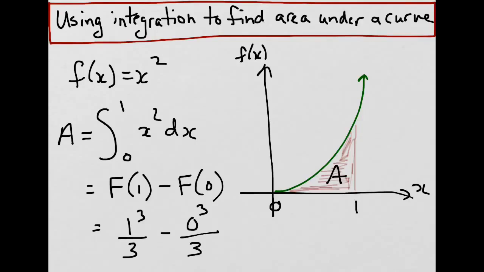And what we end up with is 1 cubed, which is 1, divided by 3, which is equal to 1/3, minus 0. So the area under the curve of x squared from 0 to 1 is 1/3, whatever the units may be.